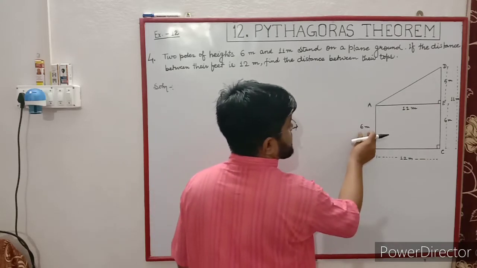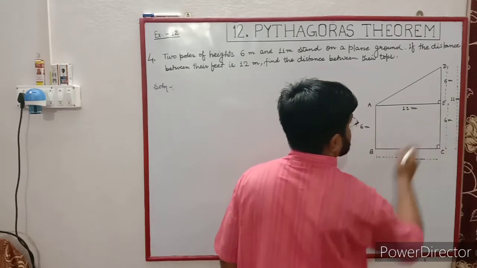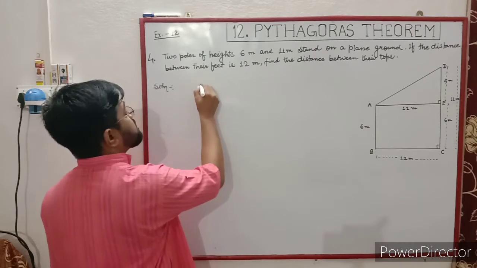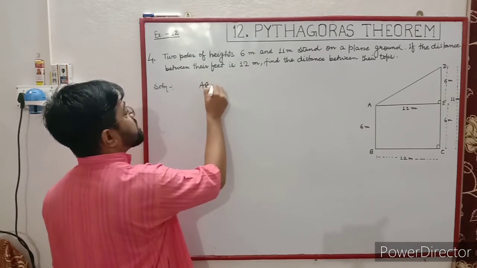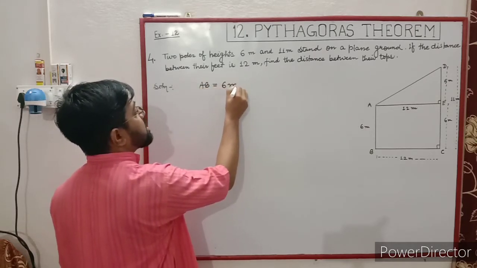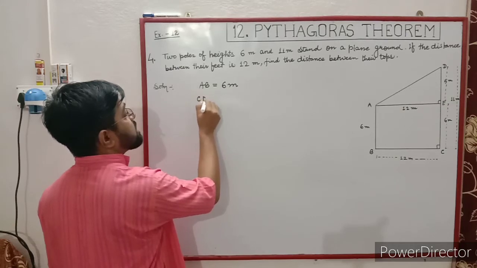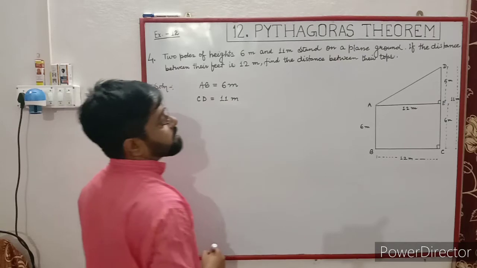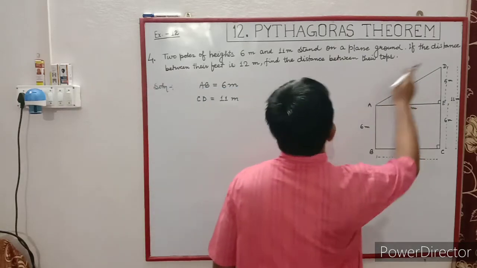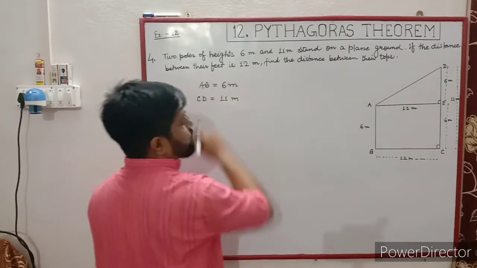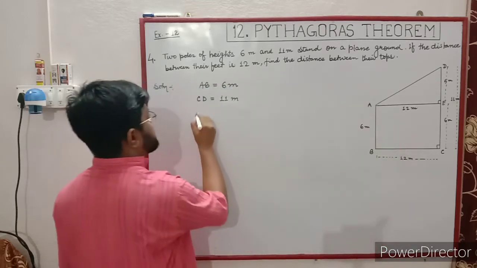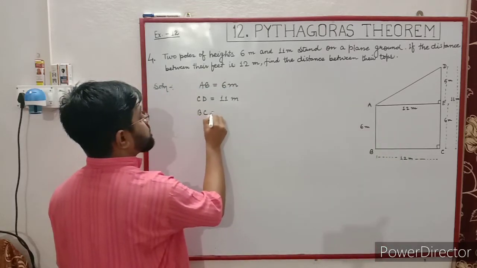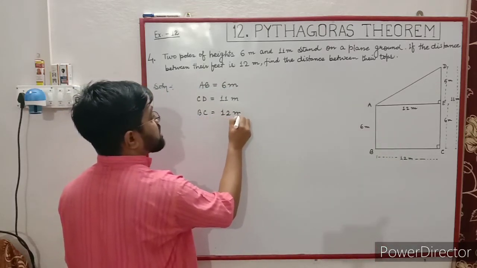Their height is 6 meter and 11 meter, so AB is equal to 6 meter and CD is equal to 11 meter is given. The distance between their feet is 12 meter, so the length of BC is equal to 12 meter.